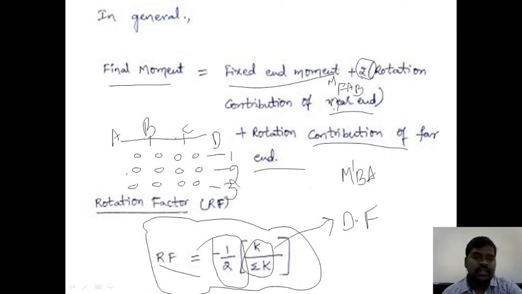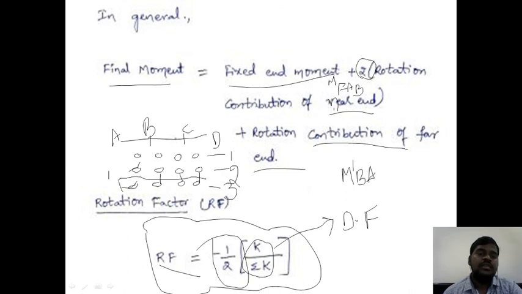So if the difference, say this is 12.01 and this is 12.02, in the same manner, if these moments have very little difference, like 0.01 or 0.02, then the final moments can be considered.